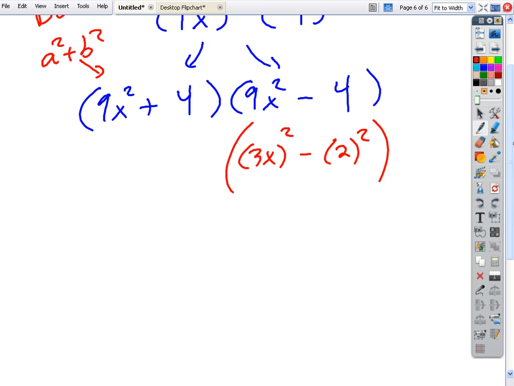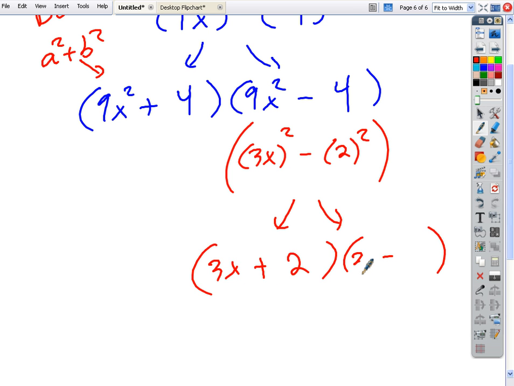This one's going to break down into that conjugate pattern, A plus B times A minus B, right? And then we've got this other factor tacked on out front that was already done clear back up here. So we got it. That's our answer.